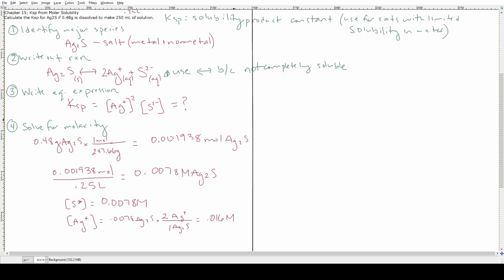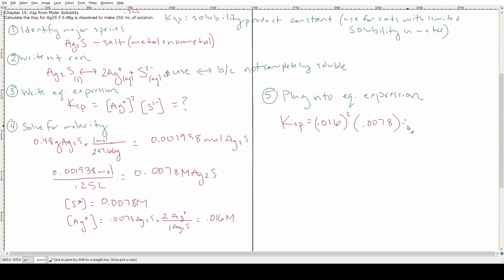So I'm just going to move on over a little bit. Step 5 will be to plug into the equilibrium expression, because that's the whole goal of this whole problem. So our KSP is equal to 0.016 squared. Do not forget that. Be careful.